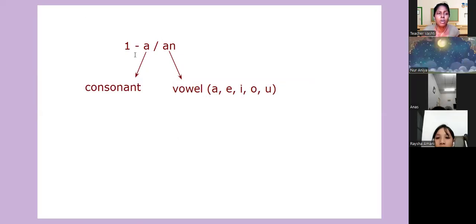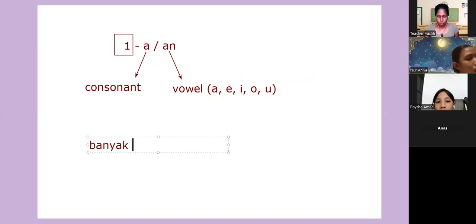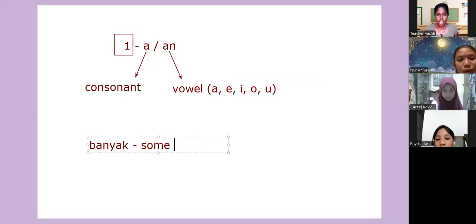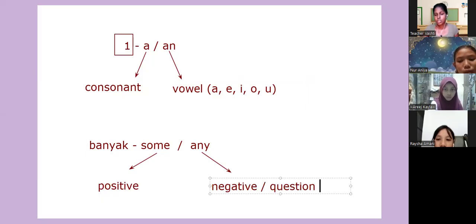A-E-I-O-U. Kalau satu, only one. Kalau ada banyak, what do we use? Some or any. Some positive, any negative. Very good. Some tu kita guna untuk ayat positif. Any tu kita guna negative or question.